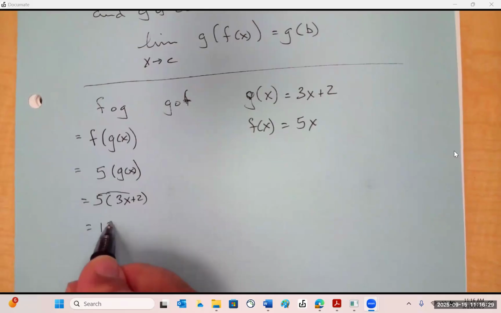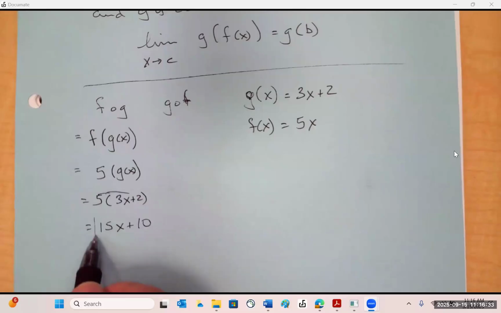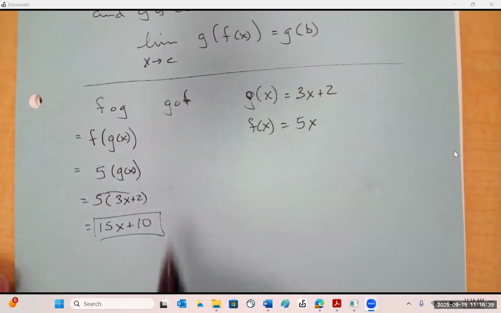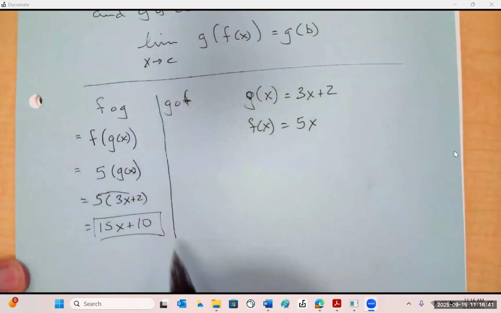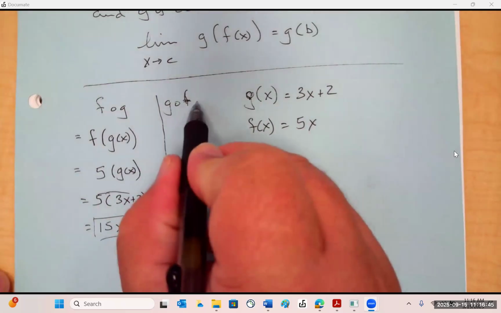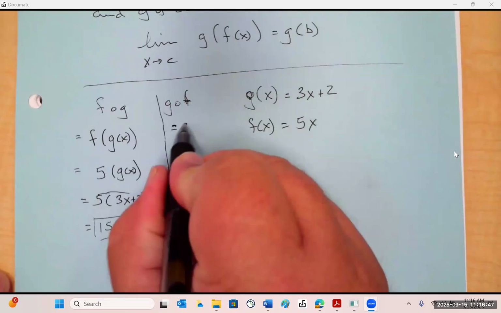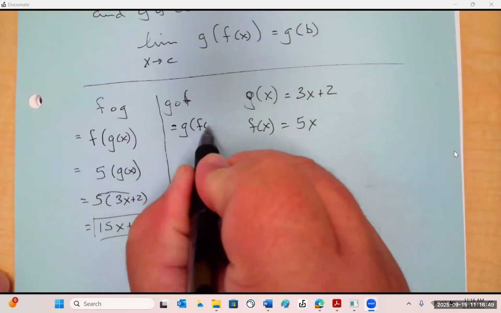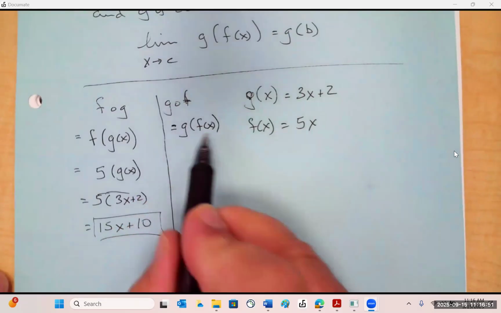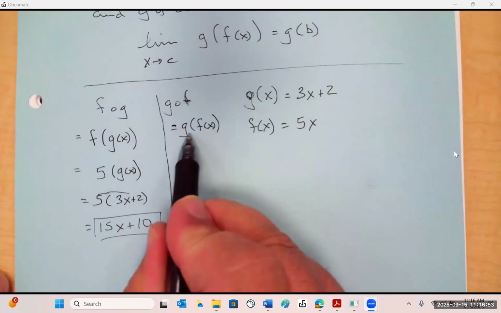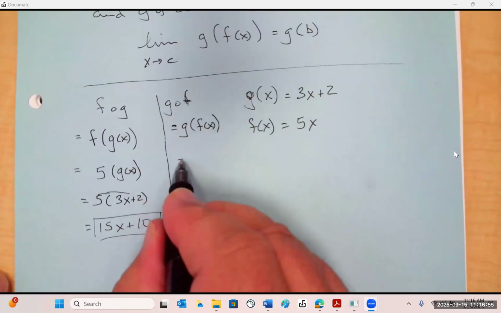5 times 3 is 15. 5 times 2 is 10. So there's my composite function f of g of x. And then g of f of x says the g function, and inside there, in place of x for the g function, I put f of x.